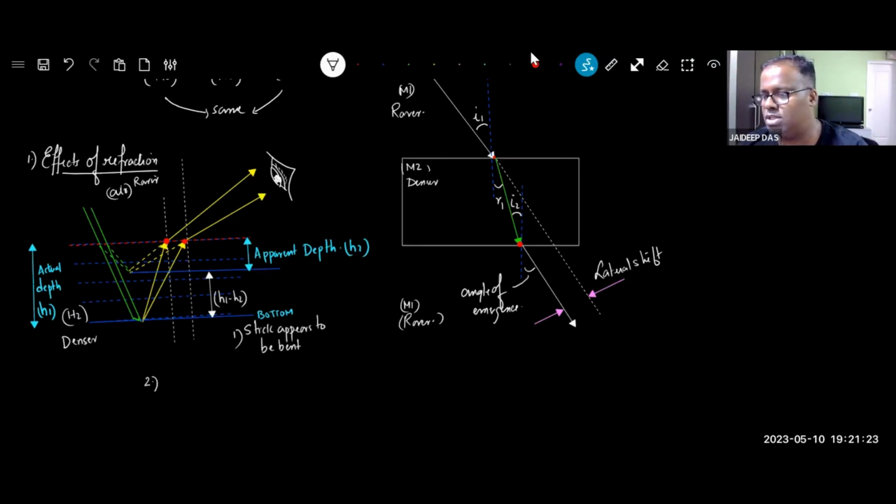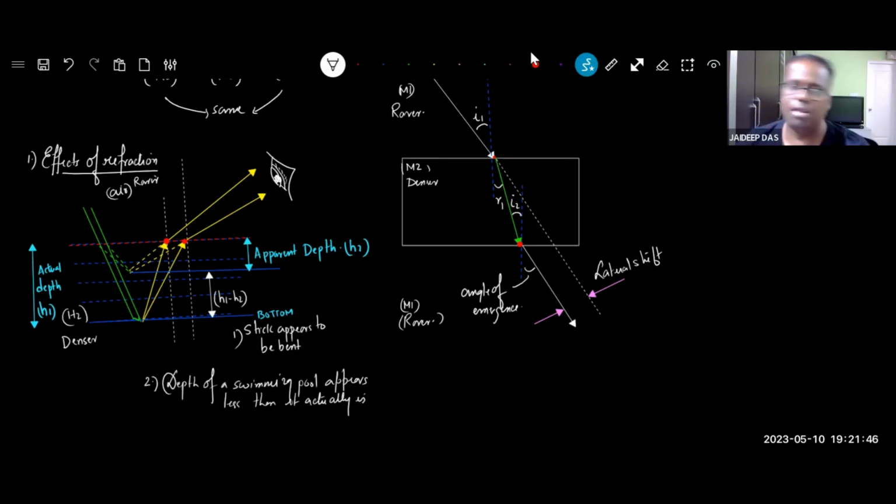So H2 is that depth of a swimming pool that appears less than it actually is. This is also one of the effects of refraction.